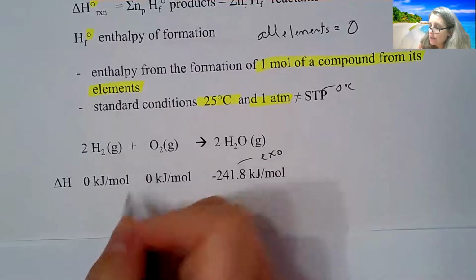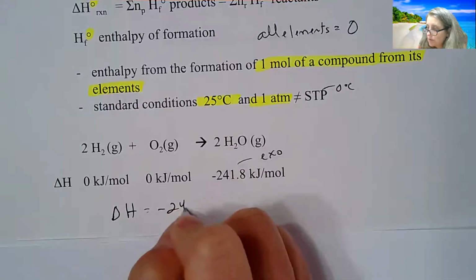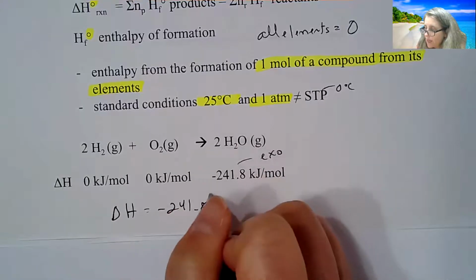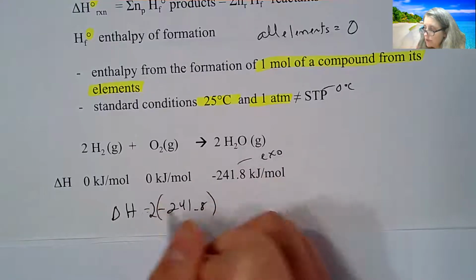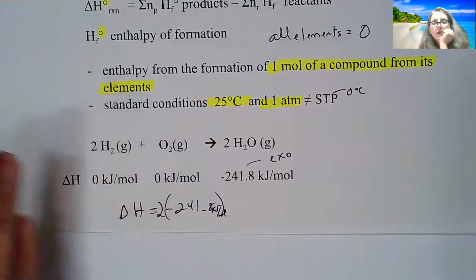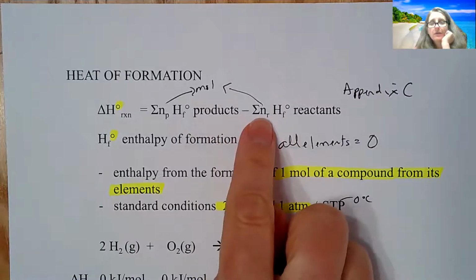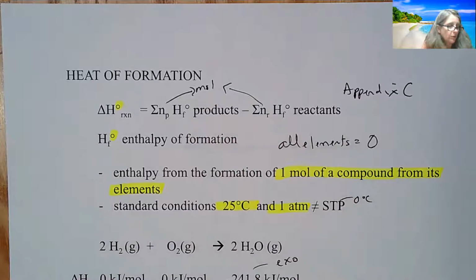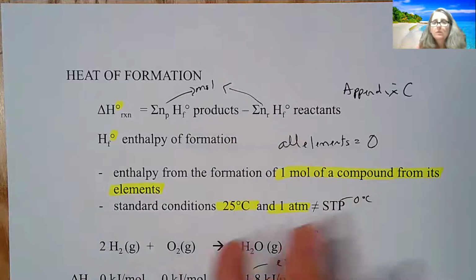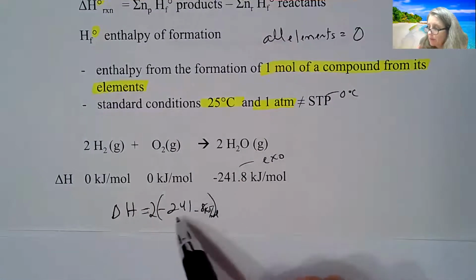So if I want to know the delta H of the whole reaction, I'm going to take the products, which is negative 241.8, and I am going to multiply that by 2. I'm going to multiply that by 2 because according to the heat of reaction, I need to multiply it by the number of moles. And since I have 2 moles of water molecules in this equation, I'm going to multiply it by 2.